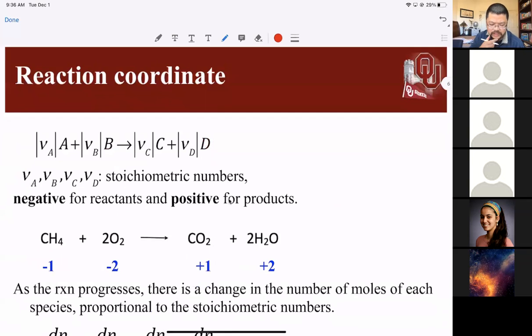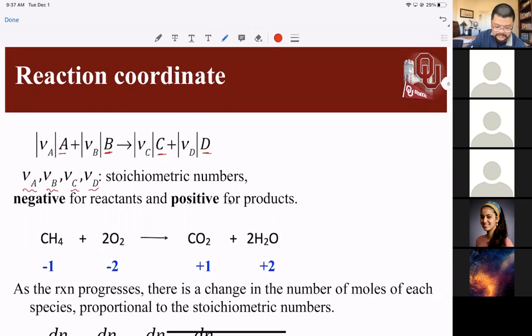So coming back to the reaction progress. If we look at this general reaction, molecule A is reacting with B to produce C and D. If we balance the reaction, then we always have those stoichiometry numbers. Here we use nu A, nu B, nu C, nu D to describe those numbers.